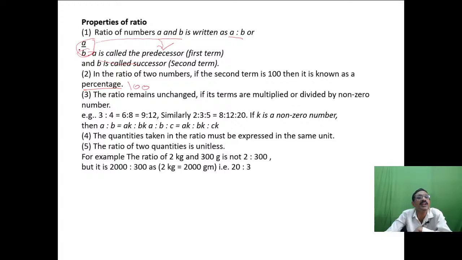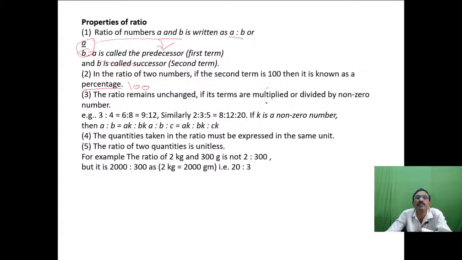So when the second term, that is this B, which is the successor, is 100, then it is known as percentage. The ratio remains unchanged if the terms are multiplied or the terms are divided.